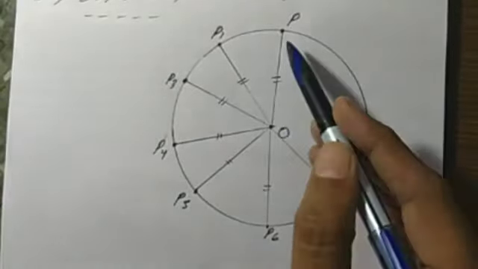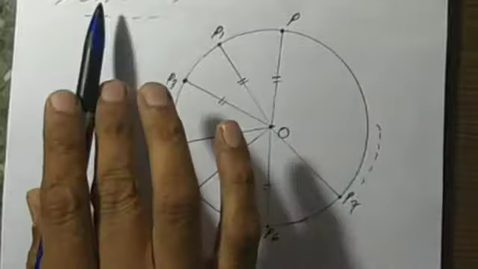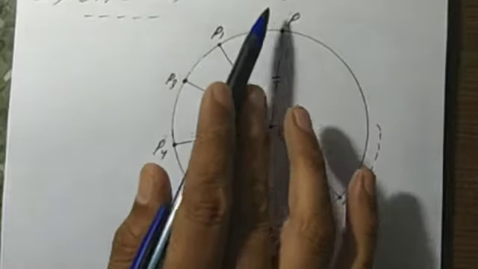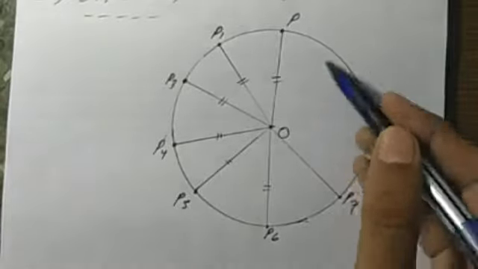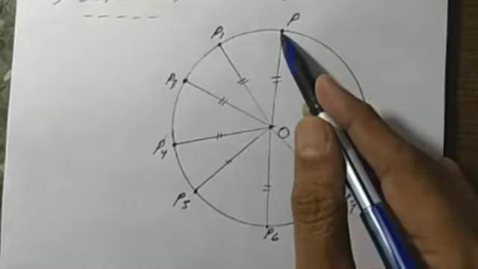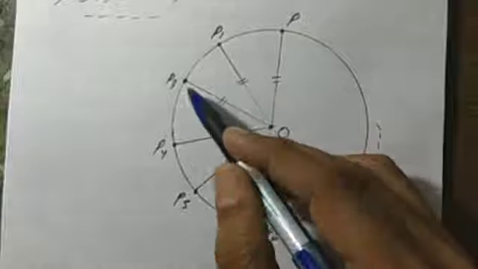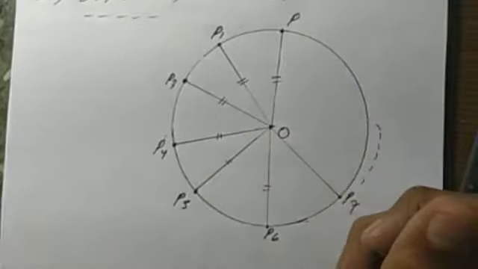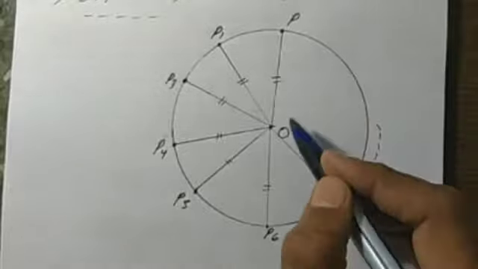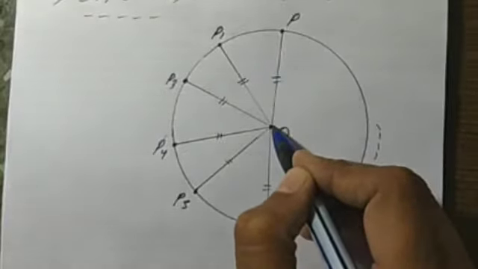This is only possible with this condition: OP, OP1, OP2, OP3 and so on, all are equal to the radius of the circle with center O, that is origin.